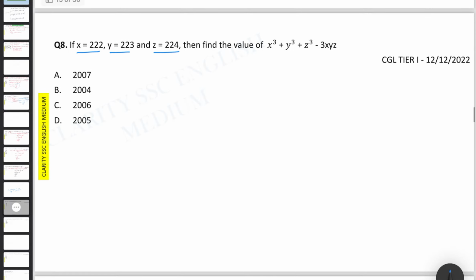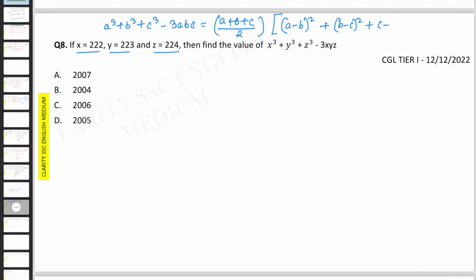What does the fourth formula say? a cube plus b cube plus c cube minus thrice abc is equal to (a plus b plus c) divided by 2 into (a minus b) whole square plus (b minus c) whole square plus (c minus a) whole square.